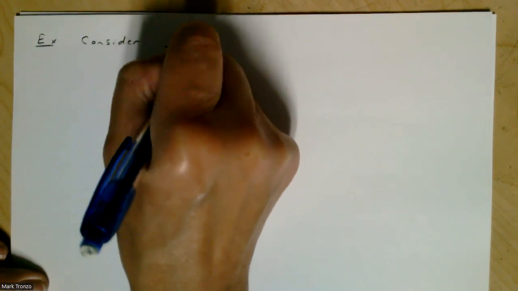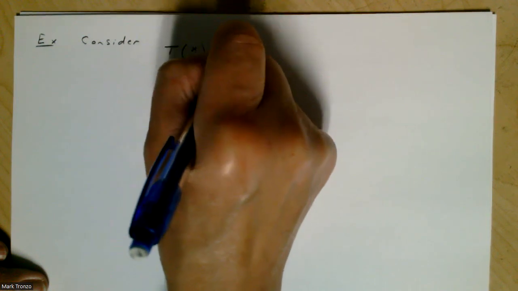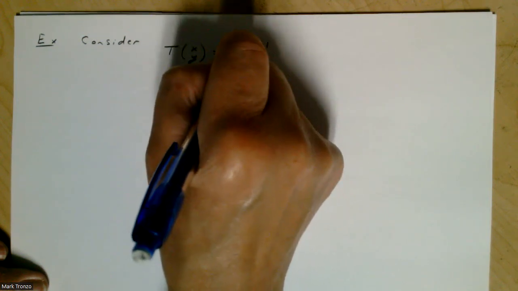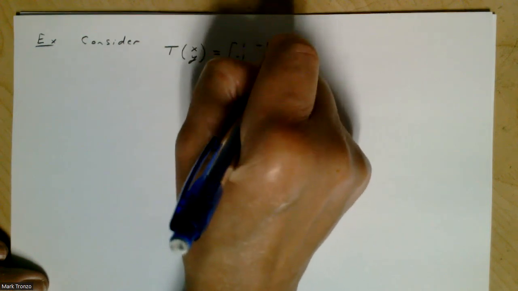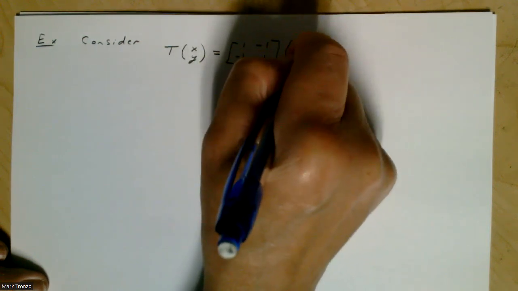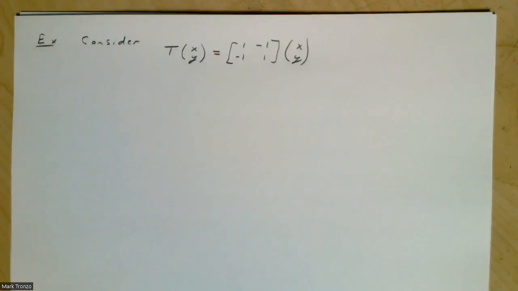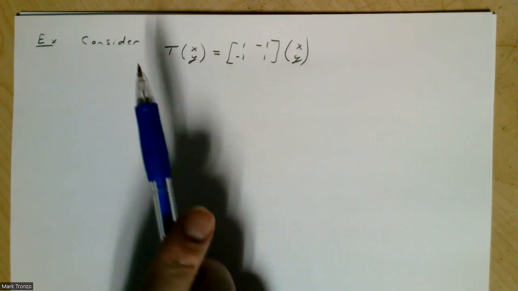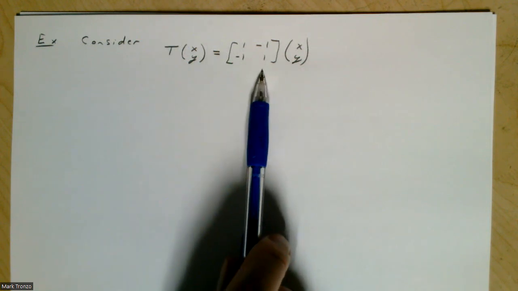Say we put in a vector (x, y), like this. So let's consider this linear transformation, which is really kind of a linear transformation using a matrix.